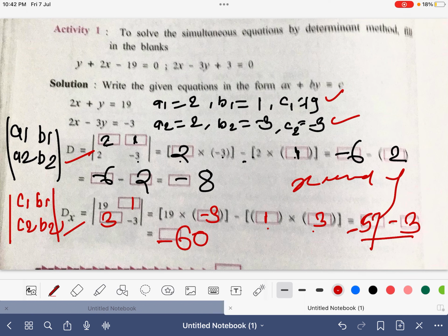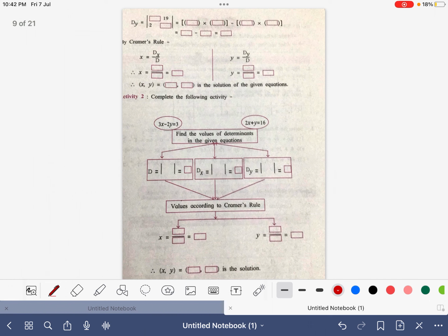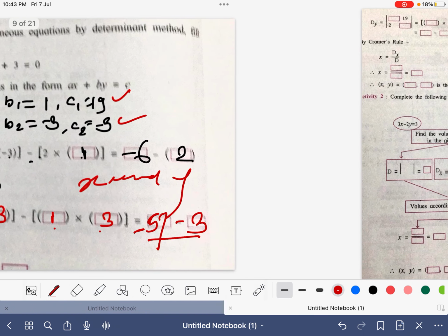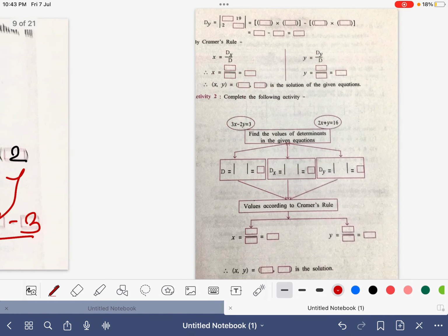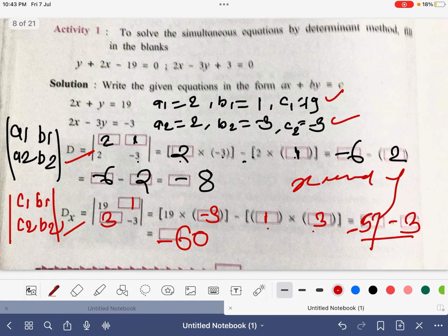Okay, so next point, as per the previous one, we will just continue. On the next page, the other half of this equation is here. So dy is nothing but, we know the formula for dy.